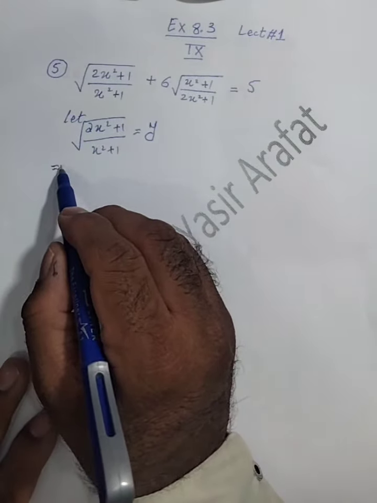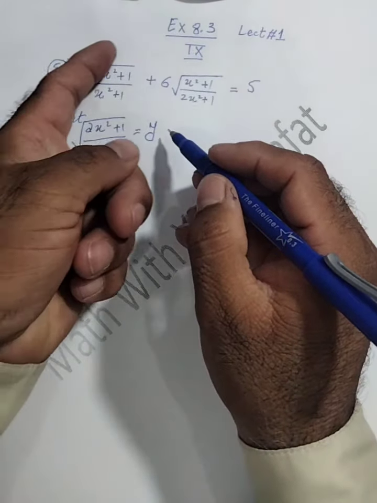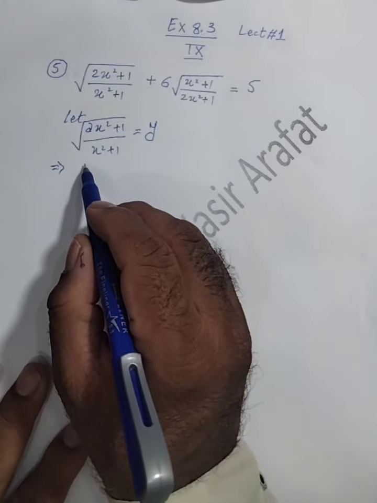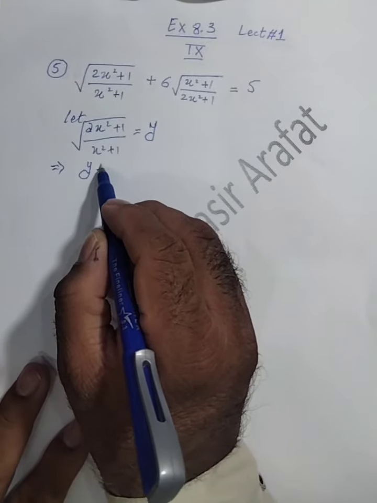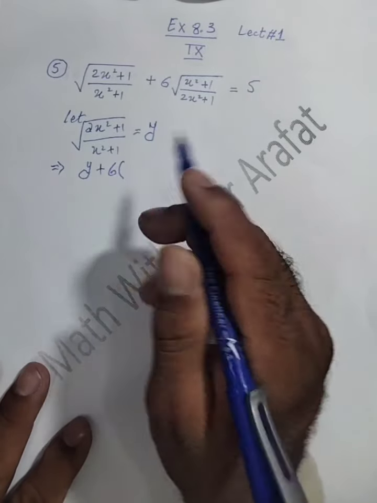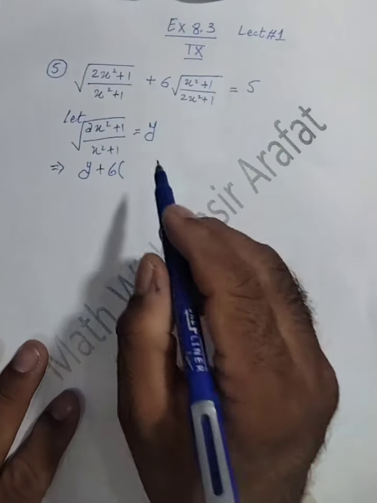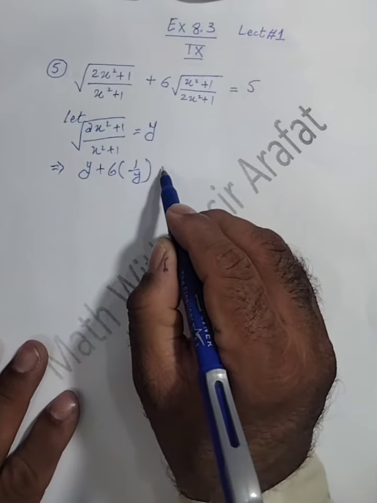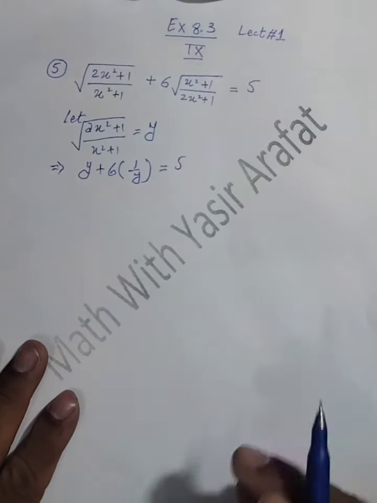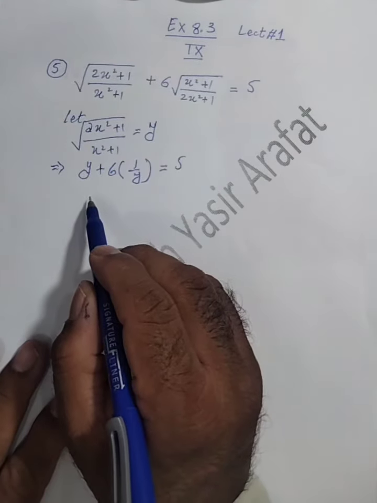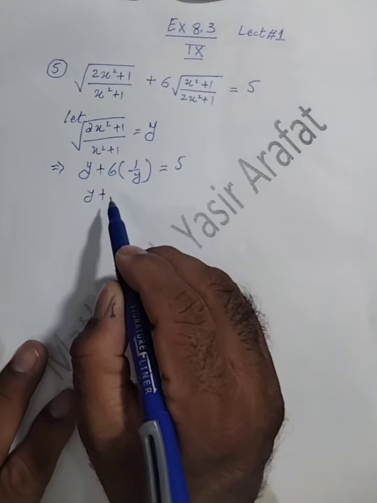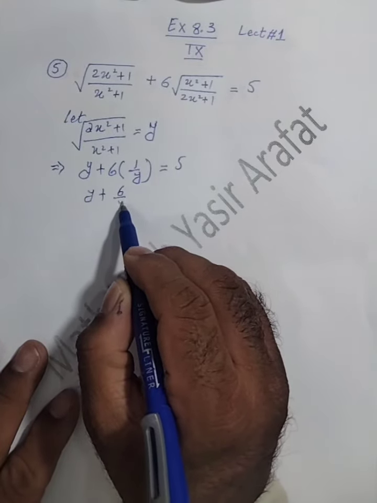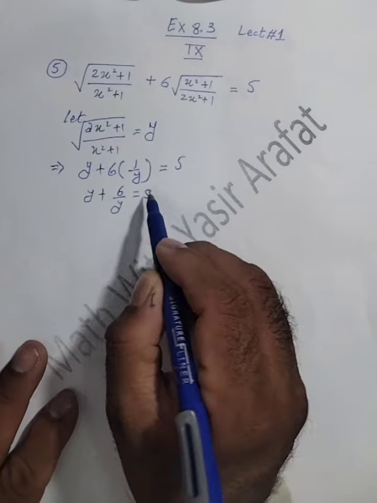Okay students, now focus again here. It is y plus 6, and the reciprocal of y will be 1 upon y, that is equal to 5. Now again the same situation here. 6 ones are 6 over y equals 5.